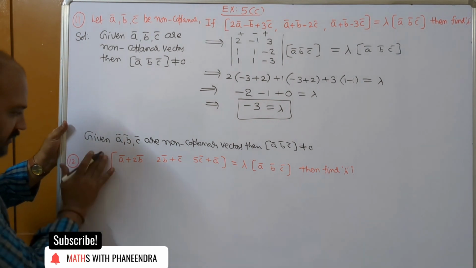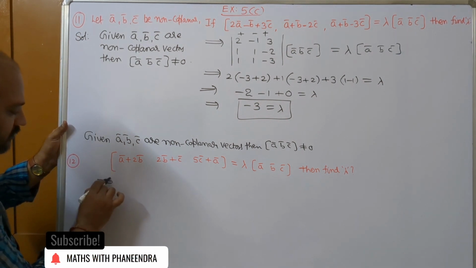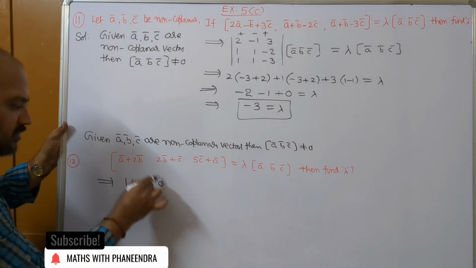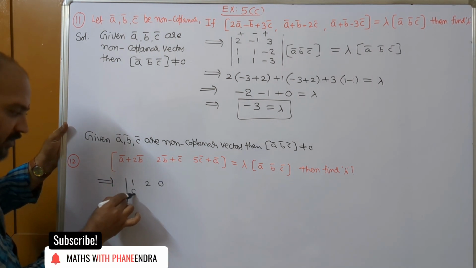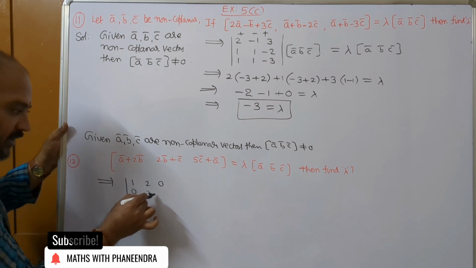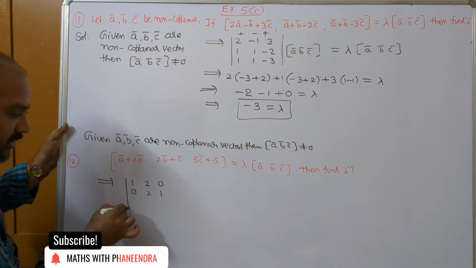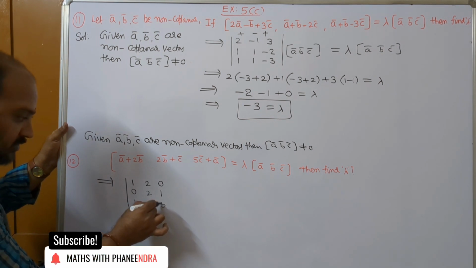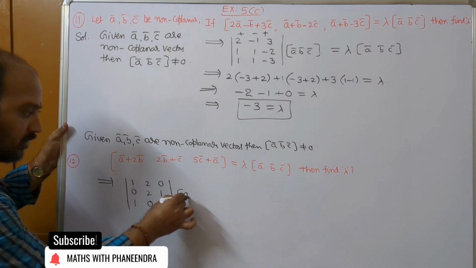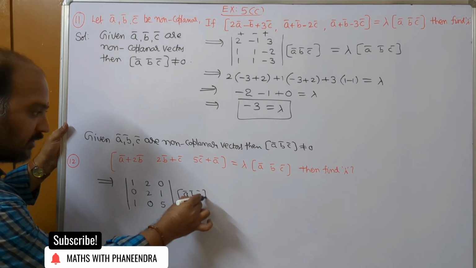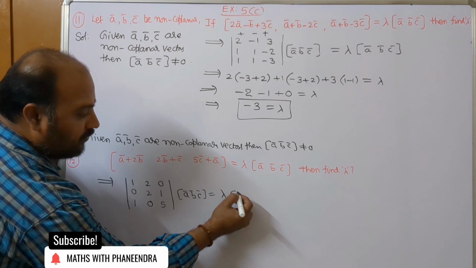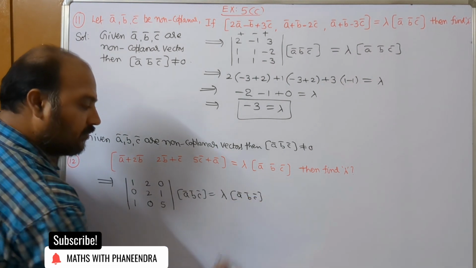So after that this is given. Box of the first vector: A bar coefficient, B bar coefficient, C bar coefficient is not 0. Next, in the second vector, A bar coefficient is not there, B bar is there, C bar is there. Next, in the third vector, A bar coefficient is 1, B bar is not there and C bar coefficient is 5. And box of A bar, B bar, C bar, taking common, is equal to lambda times box of A bar, B bar, C bar.